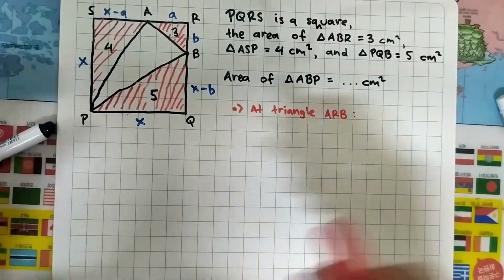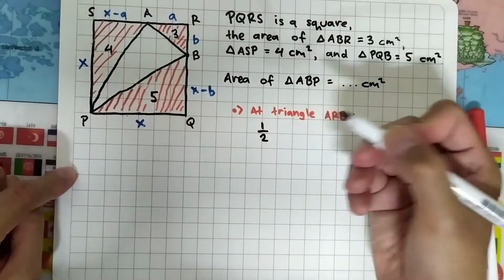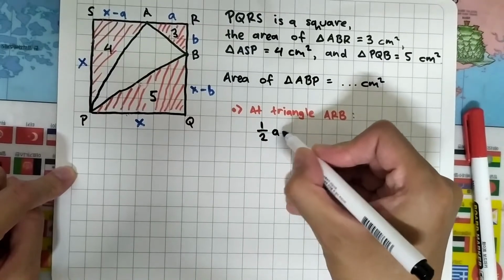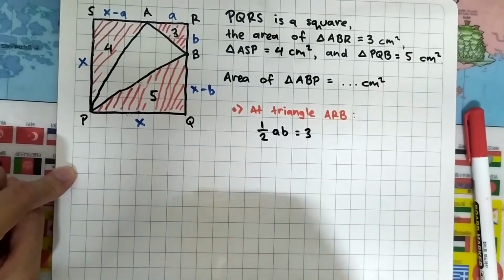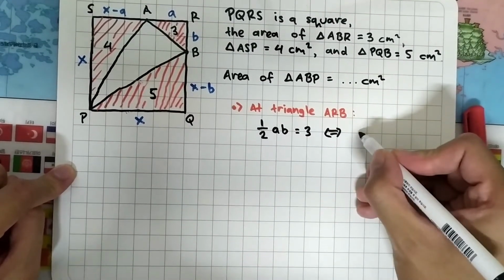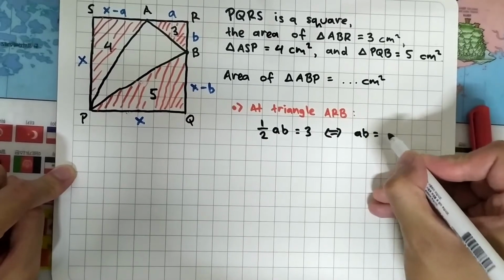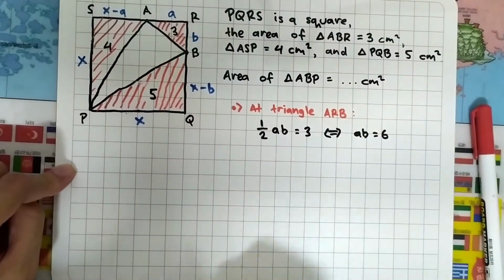We have the area of the triangle equal to 1/2 times A times B, and that's equal to 3. And now we can simplify this as AB is equal to 6. So we have this now.